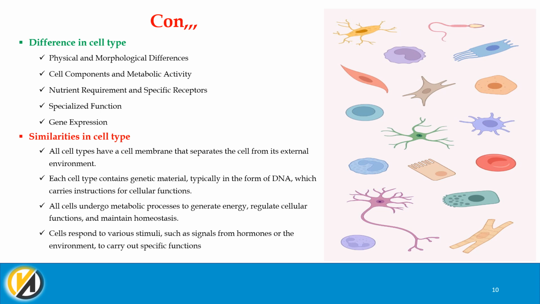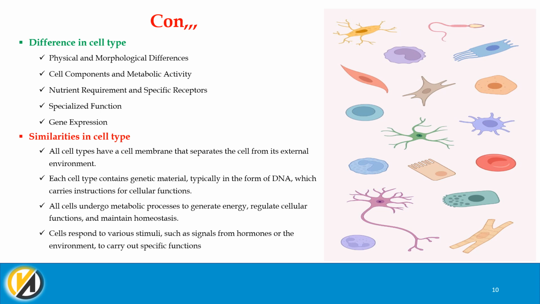These cell types also have similarities. For example, all cell types have a cell membrane that separates the cell from its external environment. Each of them contains genetic material, typically in the form of DNA, which carries instructions for cellular functions.